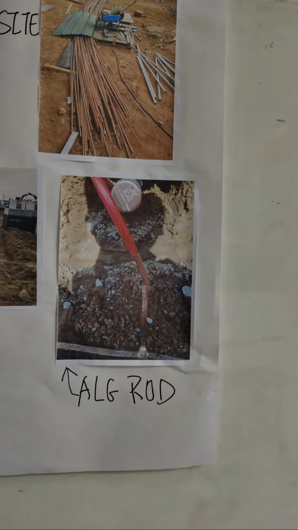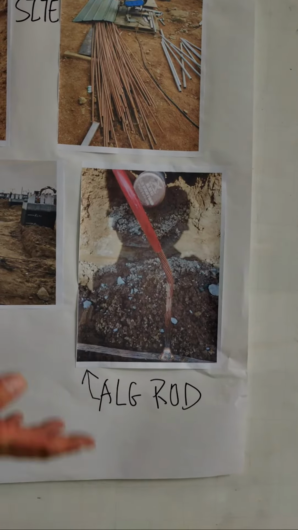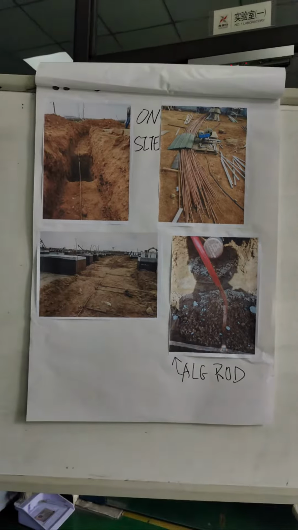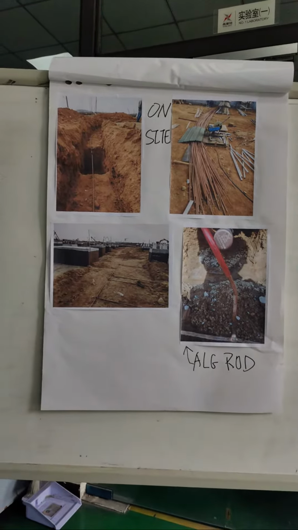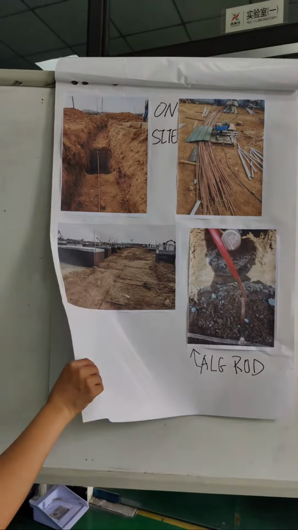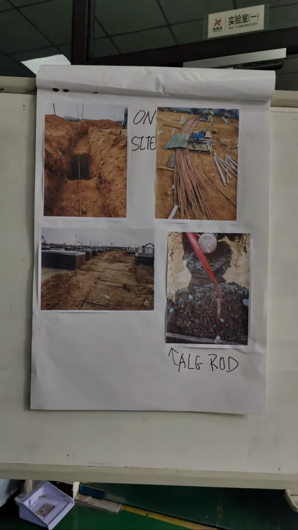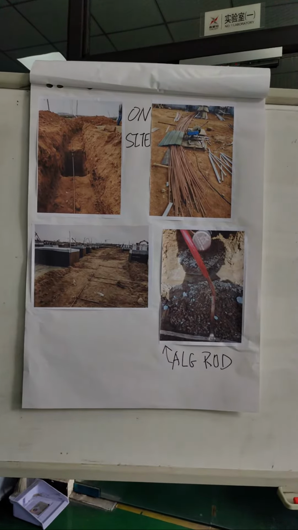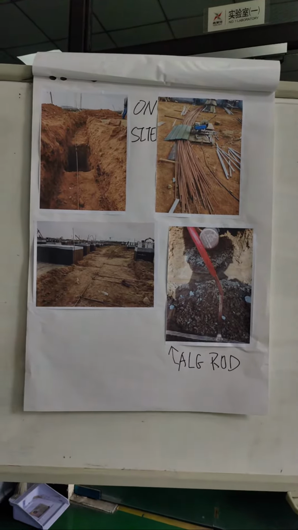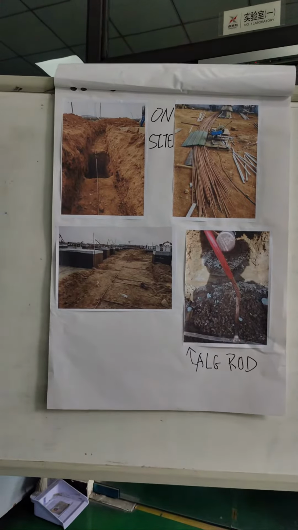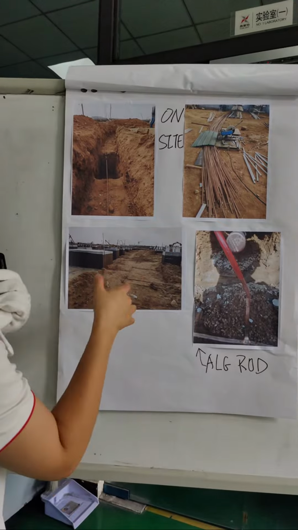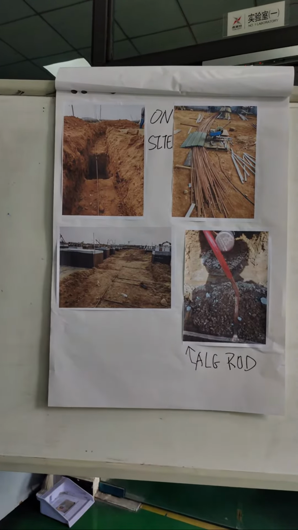Actually, we also produce ALG rod. Those are very precious pictures our clients have sent to us. We have more. If you want to see more, please just make an appointment with us. We can have an individual meeting, or a special meeting with you, and offer you more material as long as you like.